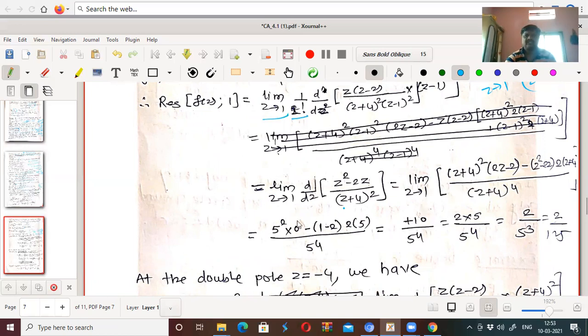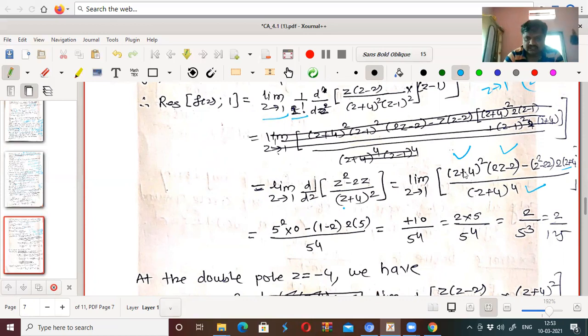Now we have to take the derivative of this term using the u by v formula: denominator into derivative of numerator minus numerator into derivative of denominator. So z plus 4 square into 2z minus 2, minus z square minus 2z into derivative of denominator, which is 2 times z plus 4, upon z plus 4 square squared, that is to the power 4.